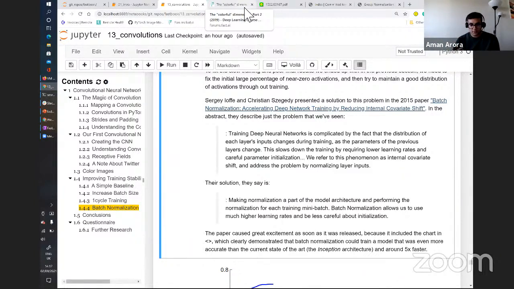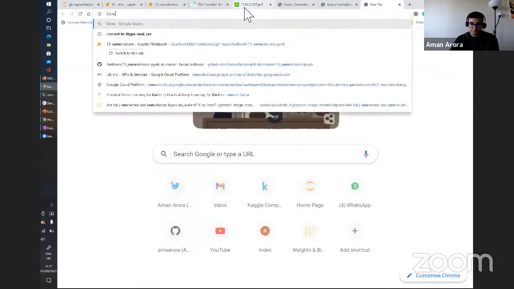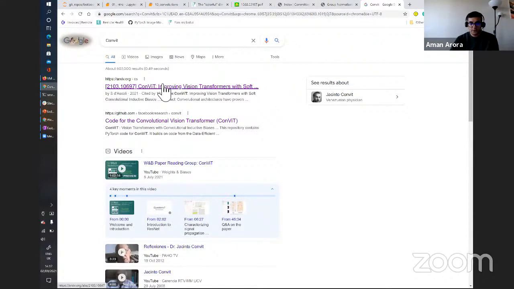Two years down the line, when you're reading a paper, like I was, and this is a true story, I think it was ConViT. I was reading this paper called ConViT, which is about improving vision transformers.